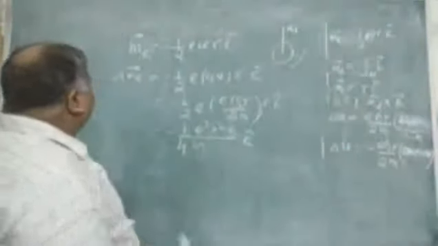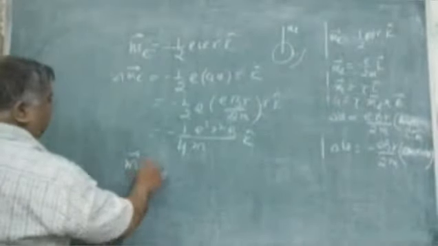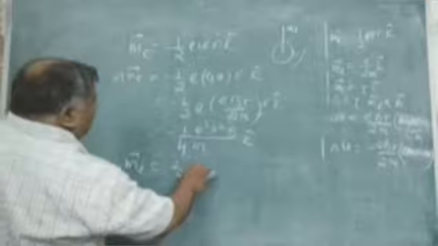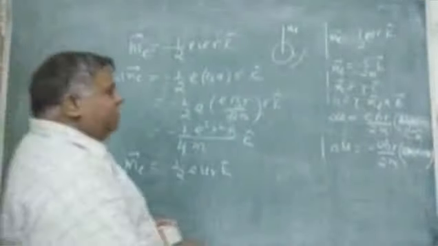So for such a situation, ML is plus half EVR K cap. And now change is negative.